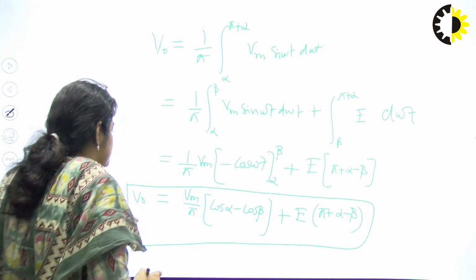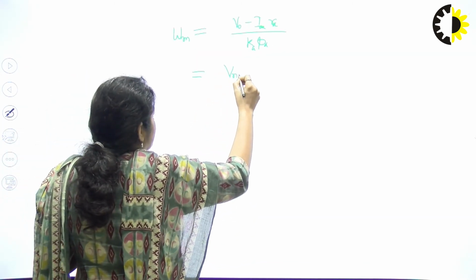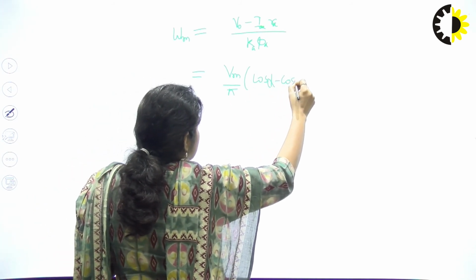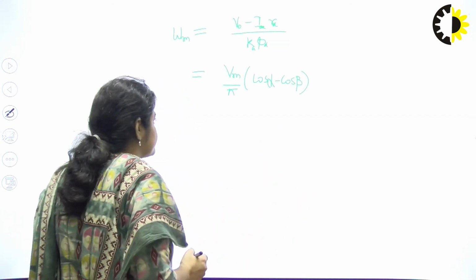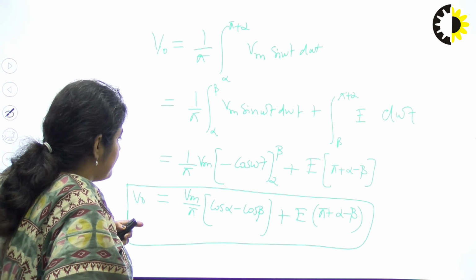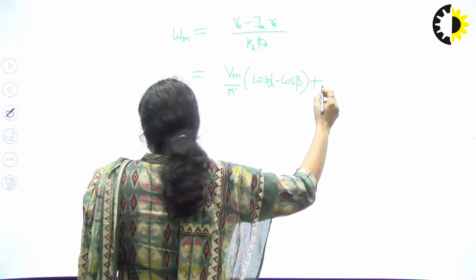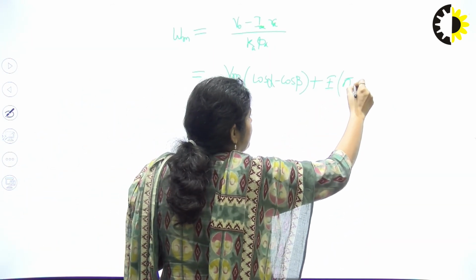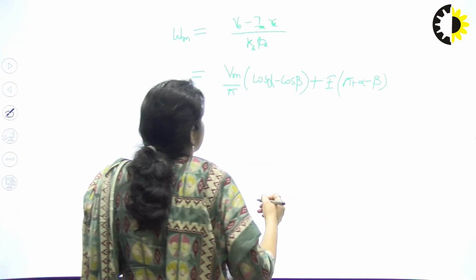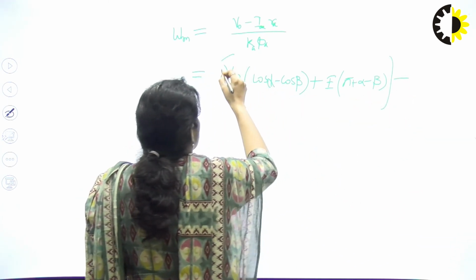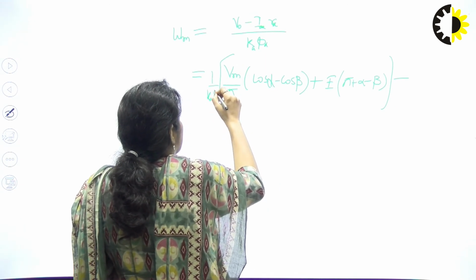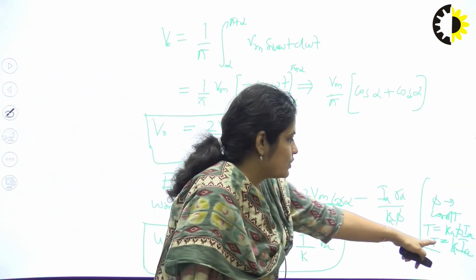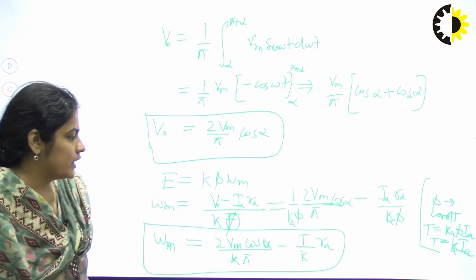So V0 can be replaced by this Vm by pi, cos alpha minus cos beta, plus E times pi plus alpha minus beta, right? And this whole can be times 1 upon Ka phi, and this Ia can be replaced in a similar way, as T is equal to Ka phi a Ia. So Ia can be replaced by T upon Ka phi.